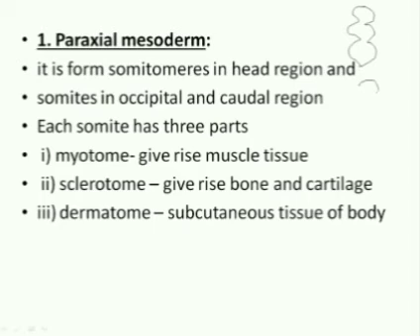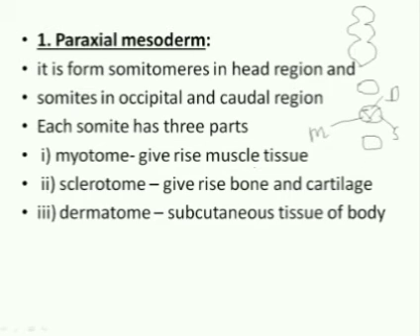When it forms segmental blocks, this is known as the somite. Each somite is again divided into three parts: myotome, dermatome, and sclerotome.